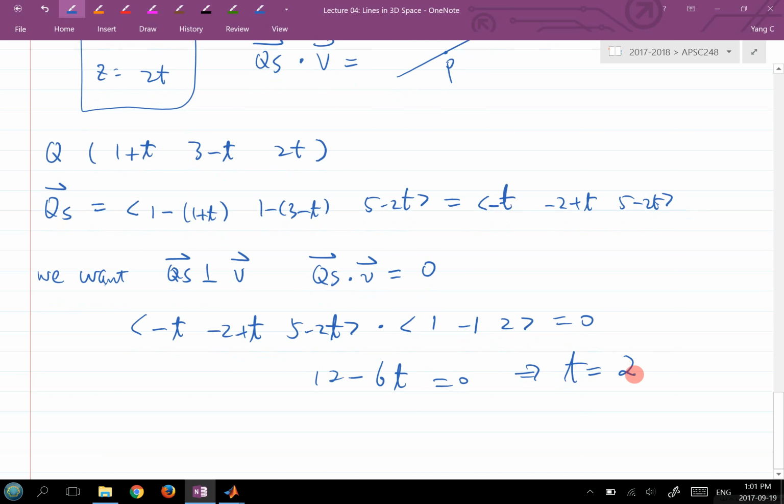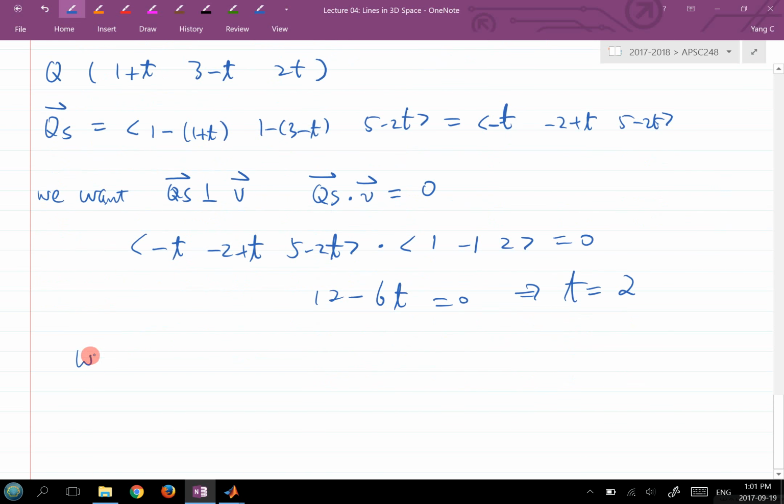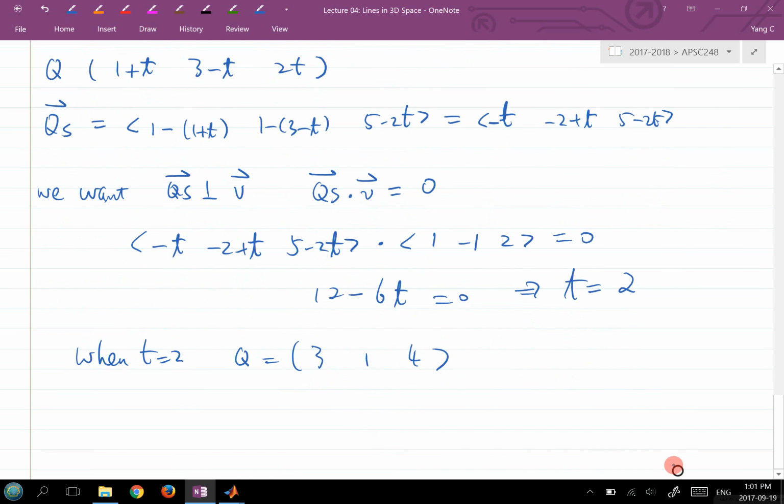So basically, when the T value equals 2, you get your Q, right? When T equals 2, what are Q's coordinates? The coordinates you get are 3, 1, 4. So that's your Q coordinates. Or you can simply ask, what is the QS vector?